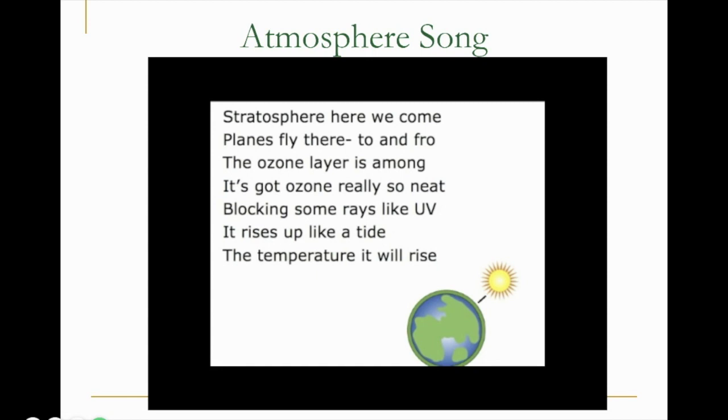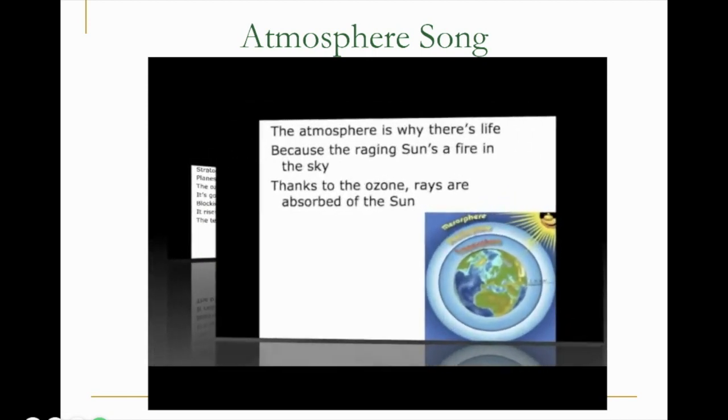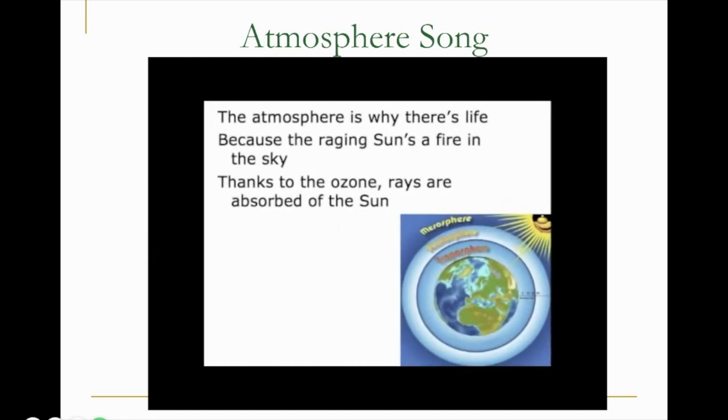The temperature it will rise. The atmosphere is why there's life, because the raging suns of fire in the sky. Thanks to the ozone, rays are absorbed of the sun.